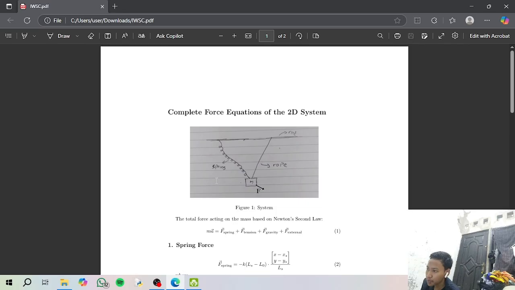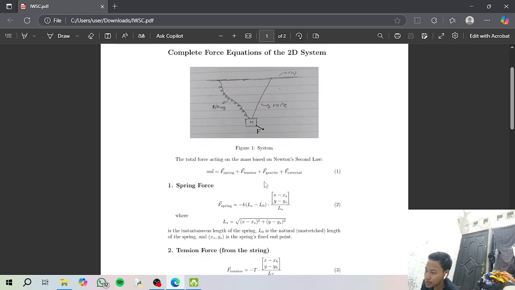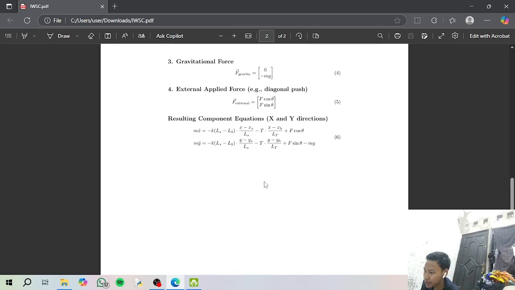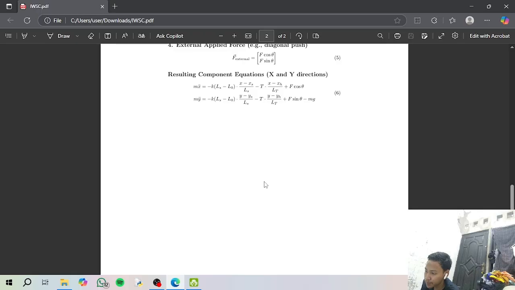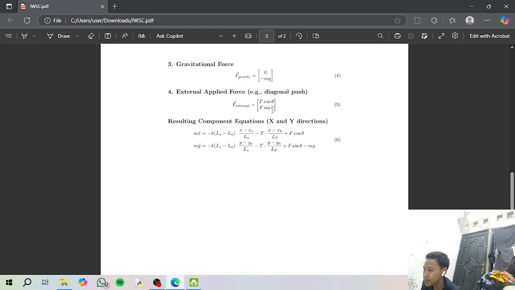As you can see here, the force is in a diagonal direction, so it has both x and y components. The x one is F times cos theta and the y one is F times sin theta. You can get this by doing trigonometry.